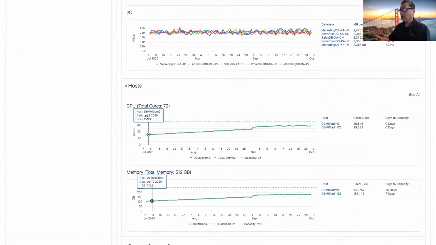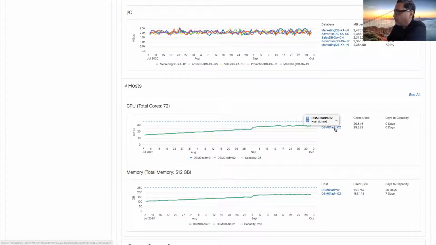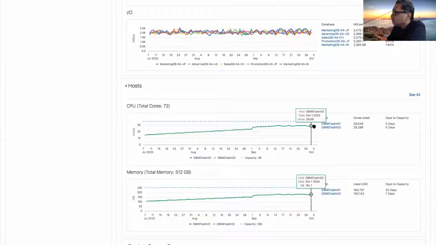Host, I can see that I have 2 compute nodes, and both are currently using more than the threshold that I have set for my 36 core per compute node Exadata servers.